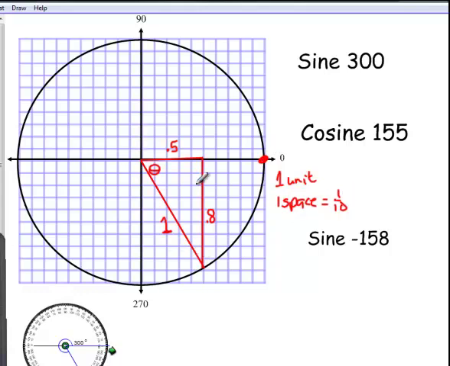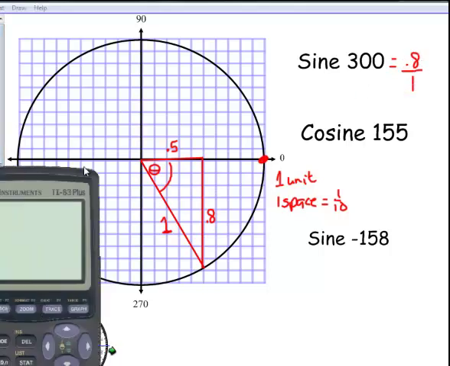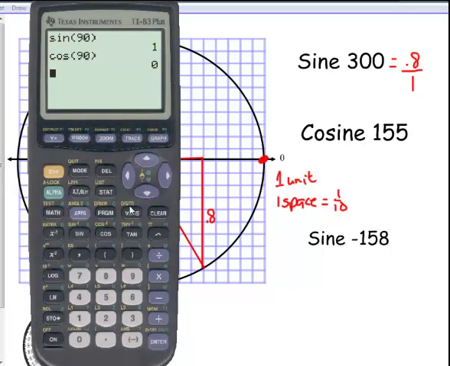So now if I look at this, I would say that the sine of 300 is the opposite side, which is 0.8, over the hypotenuse, which is 1. Now if I take out my calculator and take the sine of 300, look what my answer is. Negative 0.8660, not bad.